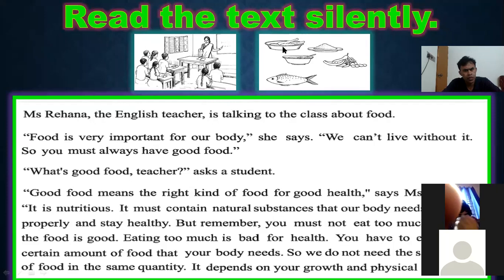Good food is actually a proper food, nutritious food that has to be taken to enjoy good health. But keep in mind that we have to take a fixed amount of food based on our physical structure and growth. We can't eat too much food, though the food is nutritious.